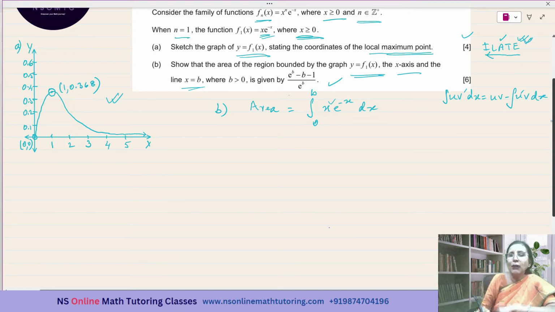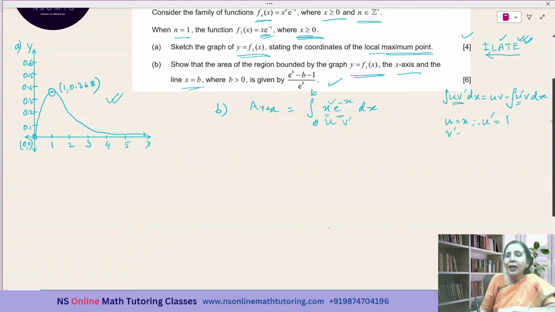Okay, so therefore u should be equal to x, and u dash, because we need u dash over here, is equal to the derivative of x, which is 1. And v dash, because the integrand is u v dash, so u is this and this is v dash.